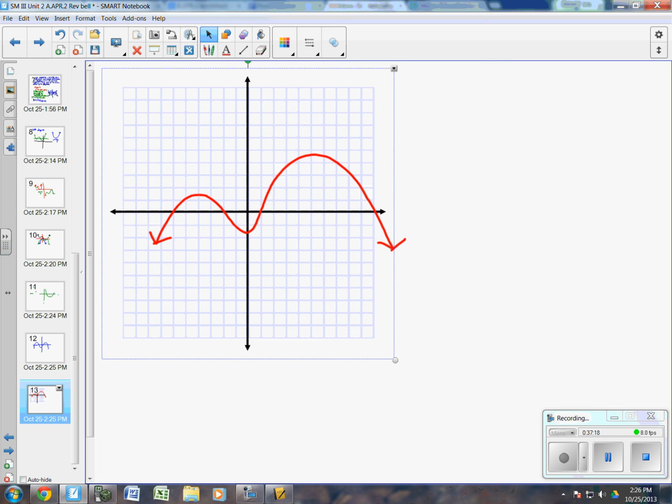Identify the factors of the polynomial graph. What are the factors of this polynomial that is graphed? That's a 10 by 10. Scale is 1.